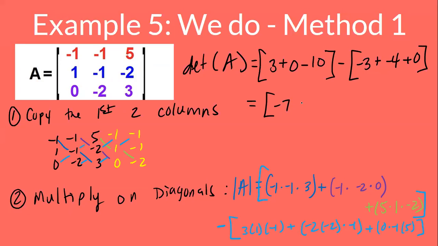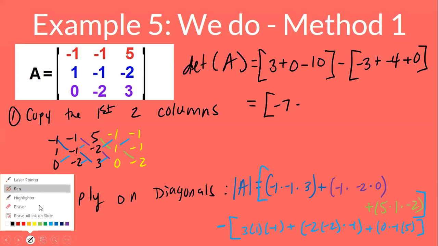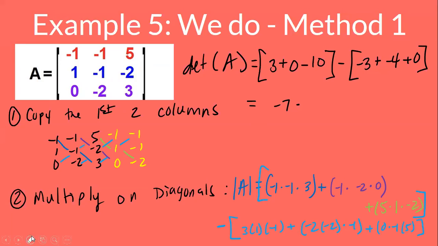So we get -7 minus -7 equals 0. Because it's -3 and -4, so it's still a -7.